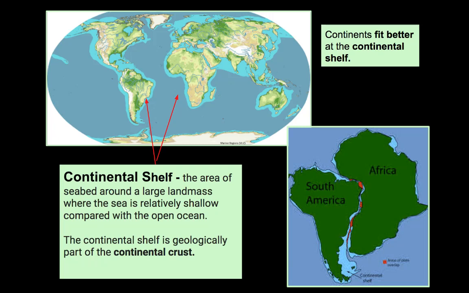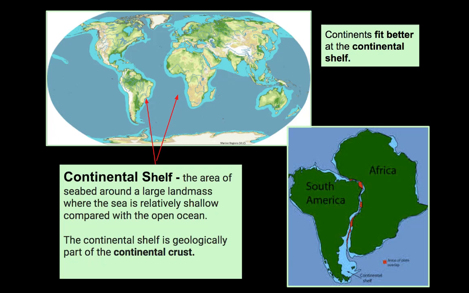It's just areas of seabed around a large landmass where it's really shallow compared to the open ocean. The continental shelves, this lighter blue area, is actually considered continental crust. It is not oceanic crust. So when we match up the continental edges and look at the continental shelves, they're actually more of a perfect match than just looking at the edges of the land that we live on, which is really quite interesting.